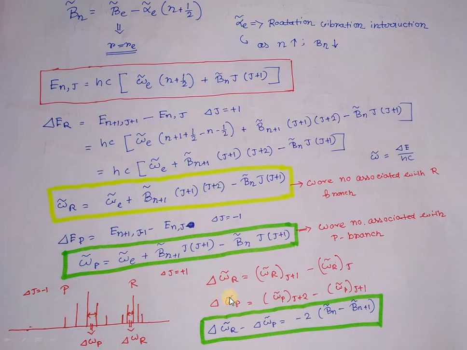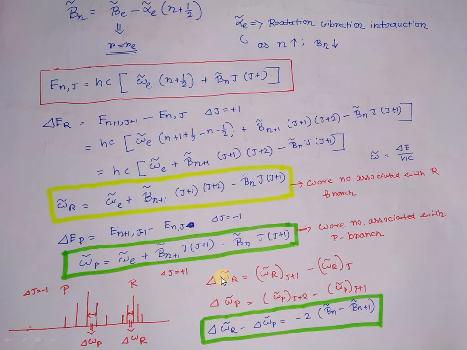Delta omega P bar is equal to omega P bar at j plus 2 minus omega P bar at j plus 1. So you can put all those expressions for omega R at j plus 1, omega R at j, similarly for omega P at j plus 2 and omega P at j plus 1, and you will obtain the values of delta omega R bar and delta omega P bar.